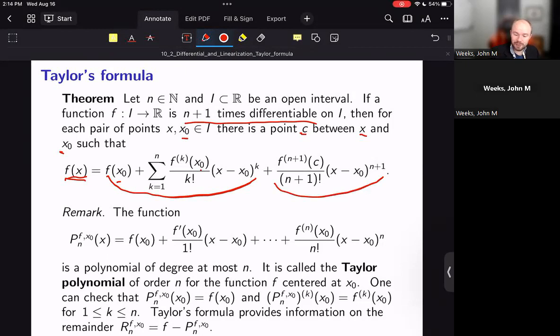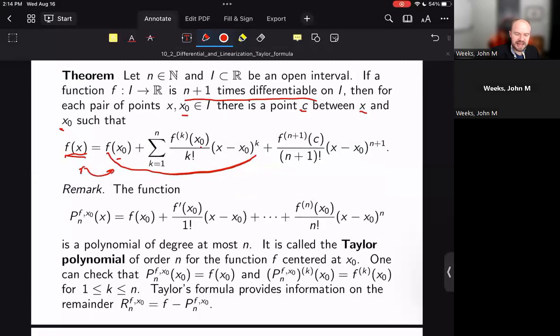Now, when x and x naught are pretty close, this number is usually pretty small. Of course, it also is going to depend on how big this n plus first derivative gets, but oftentimes we find ways to control that derivative in terms of our range. But the difference is now between a function, which could be anything, and what ends up being a polynomial.